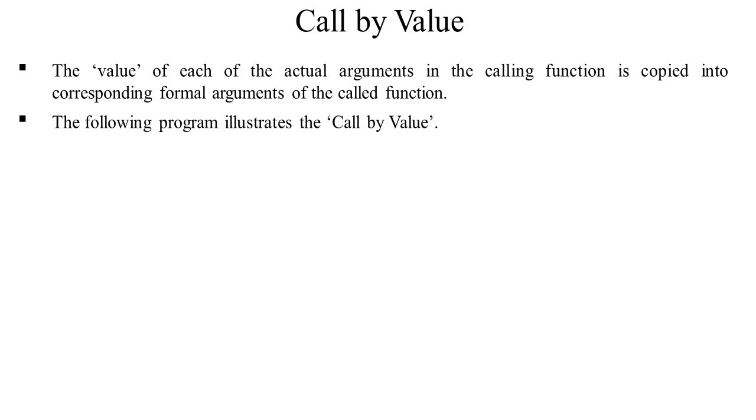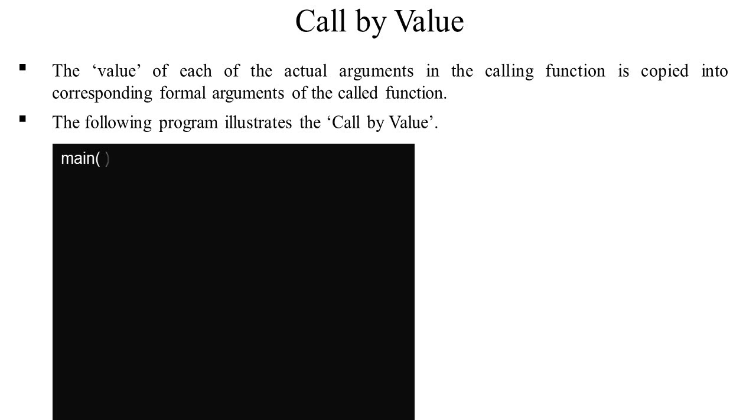Now let's understand one program. I am just excluding the include part of it. Over here in the main method I have declared two variables, integer a is equal to 10 and b is equal to 20, and I have just called one function, swap value. What I want to do is swap the value of a with b.